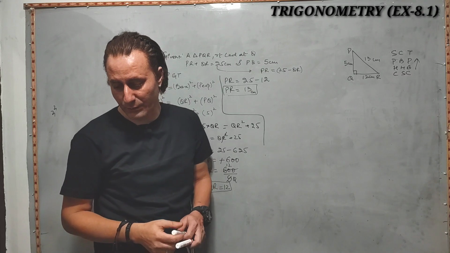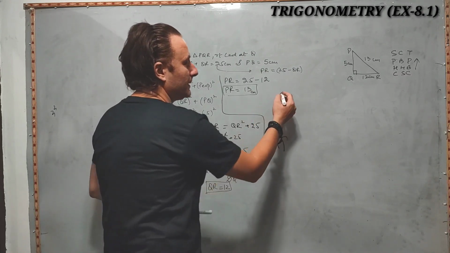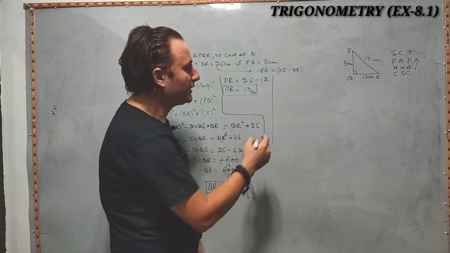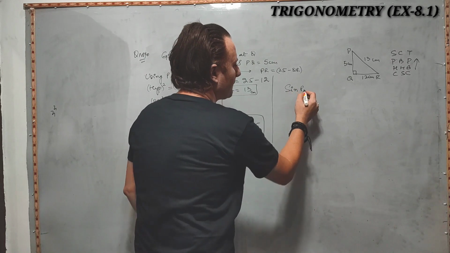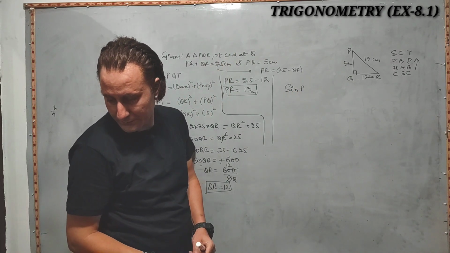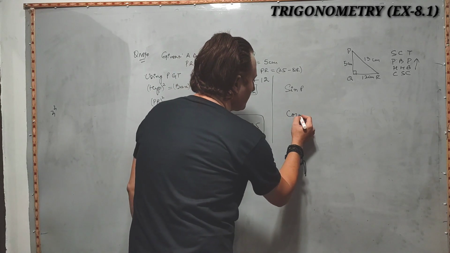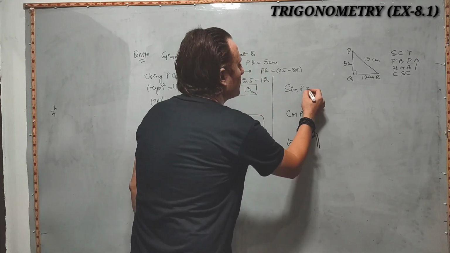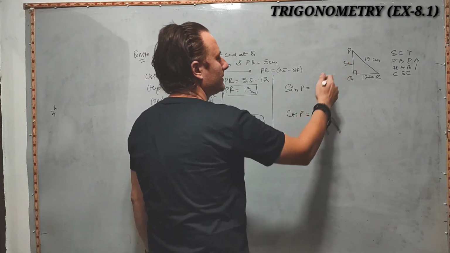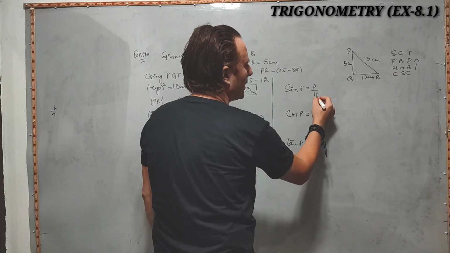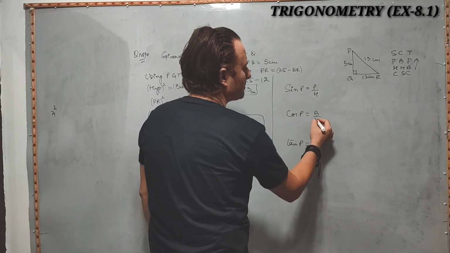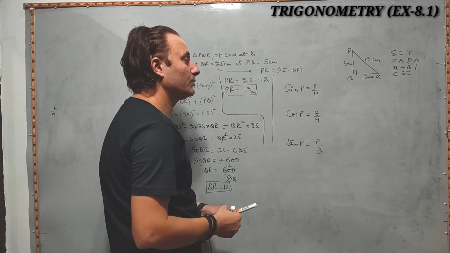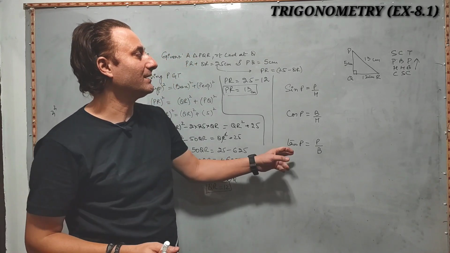Now we can see what the question is asking. So we have been asked to find sine P, then we are searching for cos P, and at last we have tan P. So sine, that is obviously perpendicular upon hypotenuse, cos base upon hypotenuse, and tan perpendicular upon base. Now the real thing to know is which angle are we talking about.